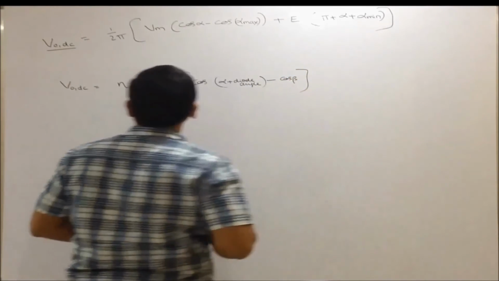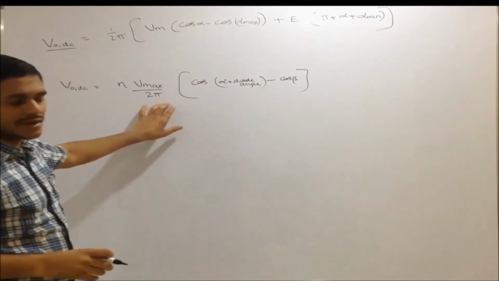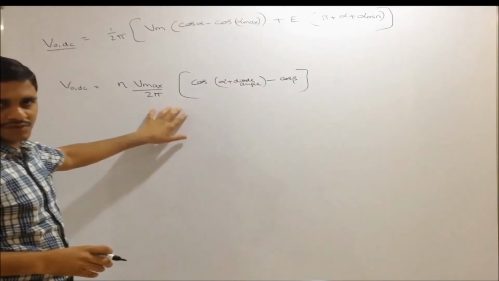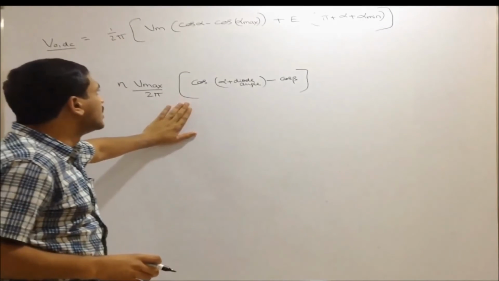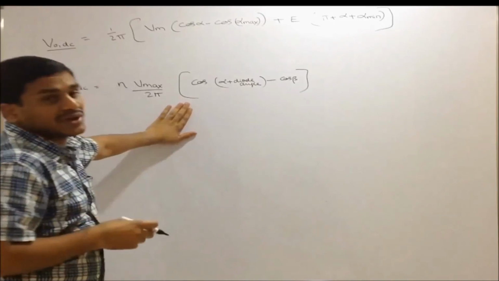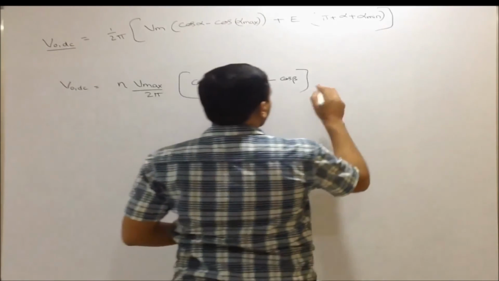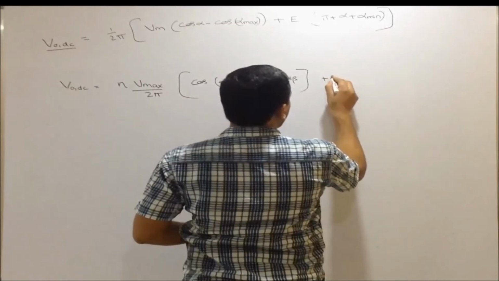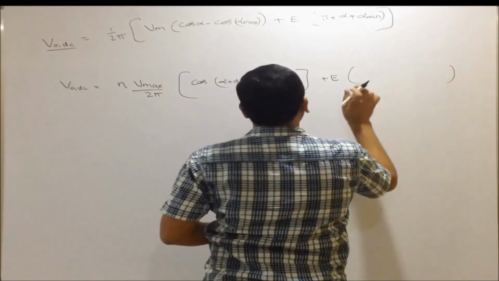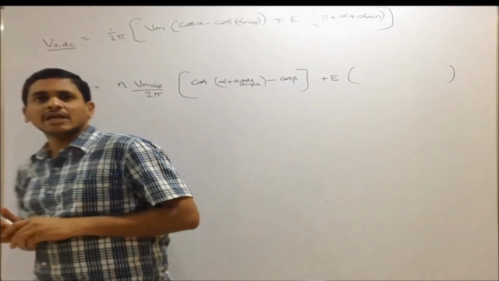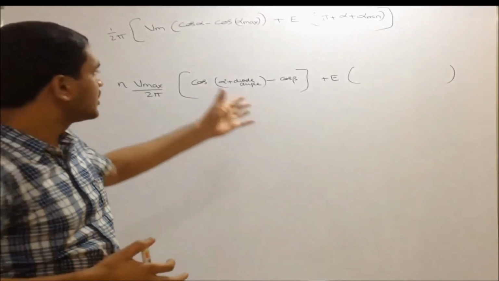This expression has not taken E into account. So, if E is there in the load, I have to add the E term also. That incorporation we will do now.